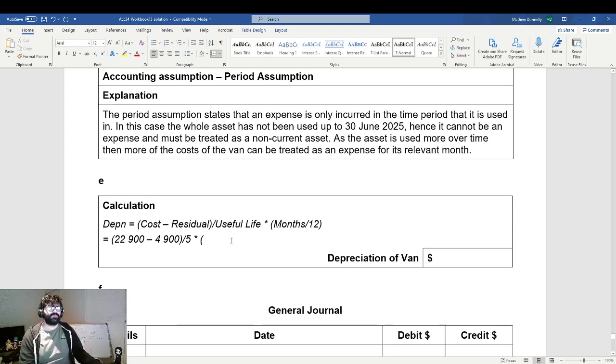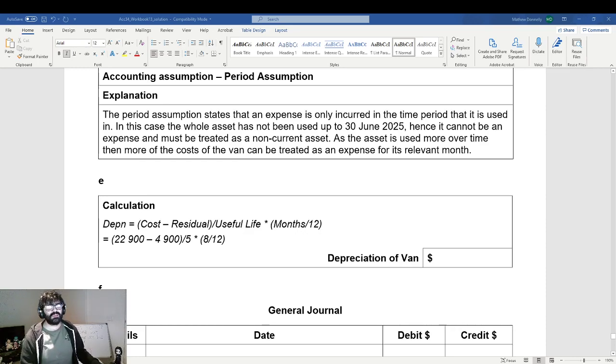So we're going from November onwards. So if we look at it, we go, okay, what's our cost? We go November, December, January, February, March, April, May, June. There's 8 months. So it's 8 over 12. So I'm just going to put those numbers in. 22900 minus 4900 divided by 5.